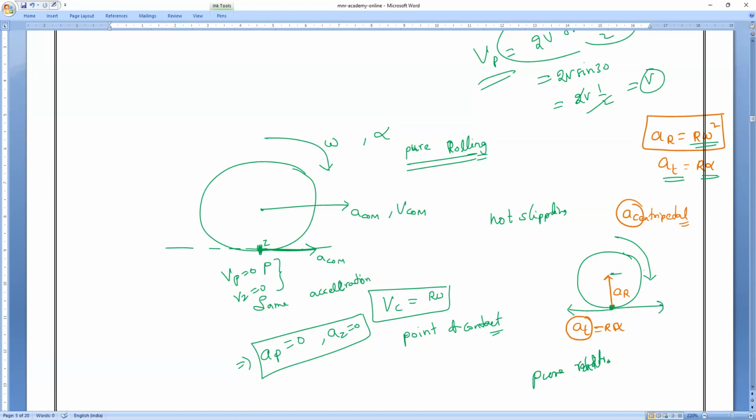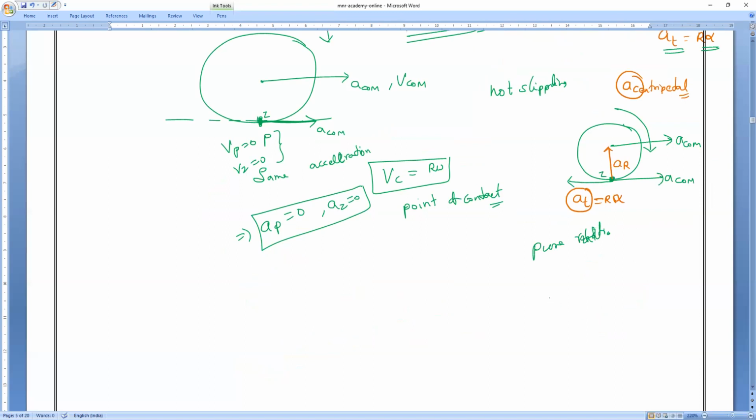The acceleration of the center of mass is ACOM, and this particle also has ACOM. So if it is pure rotation, what will happen, everybody? ACOM minus R alpha is equal to 0. Do you understand?